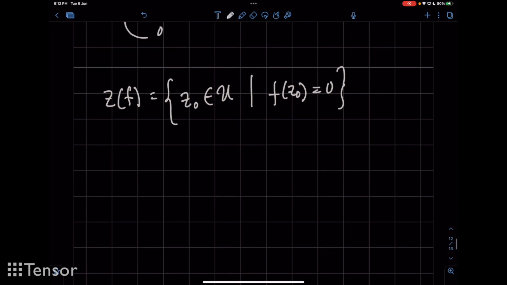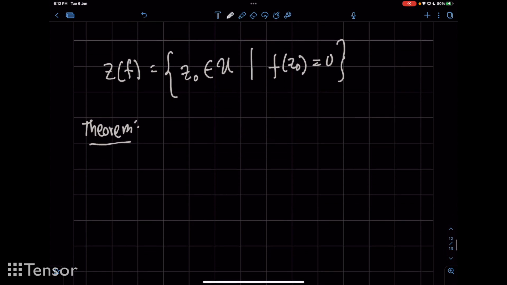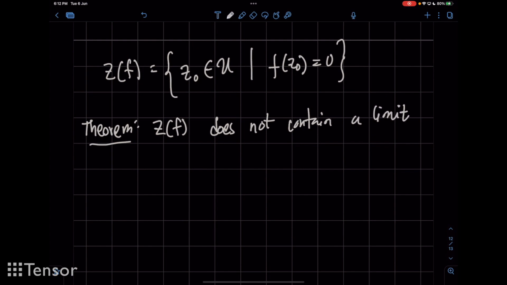All right, so now we have a very interesting theorem that says that Z of f does not contain a limit point in U. So what is a limit point?